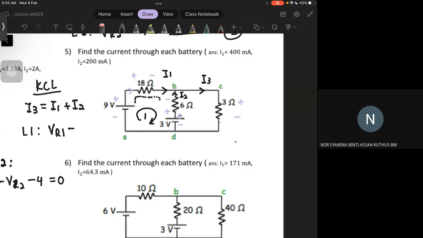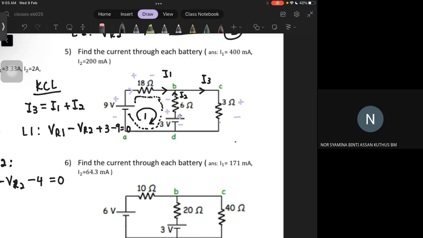So minus VR2. Jalan lagi, ada satu lagi voltage source which is positive 3 volt, so tambah 3 volt. Jalan lagi to complete the loop dia akan jumpa dengan 9 volt, so minus 9 equals to 0. Boleh? That is how you should do lah.